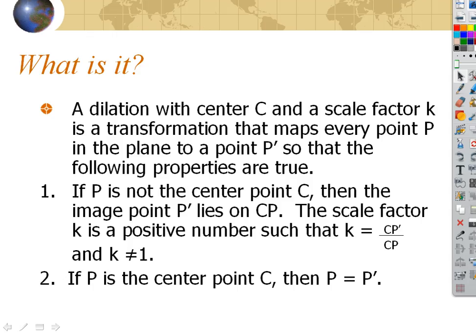When we talk about a dilation in math, we always refer to what's called the center of the dilation, the center C. On the next couple slides, this will make more sense. Think of the center of the dilation as being a point way in the very distance. Think of it as being the vanishing point.